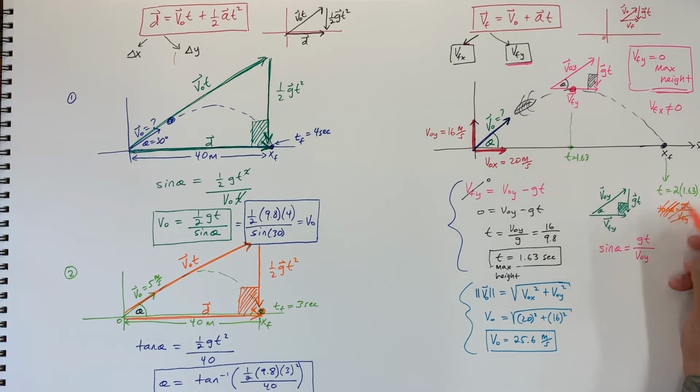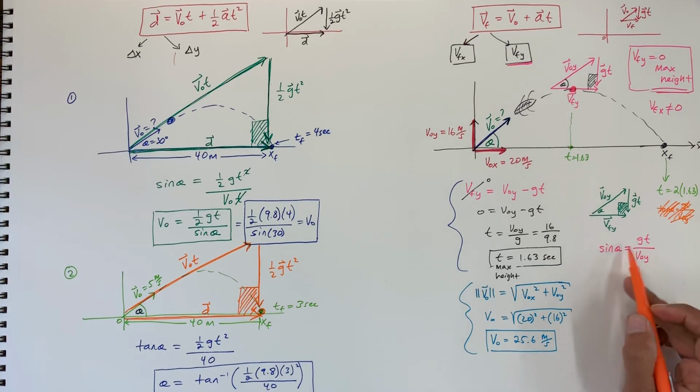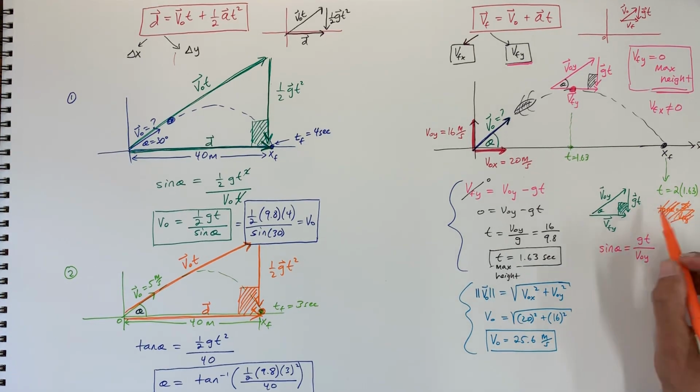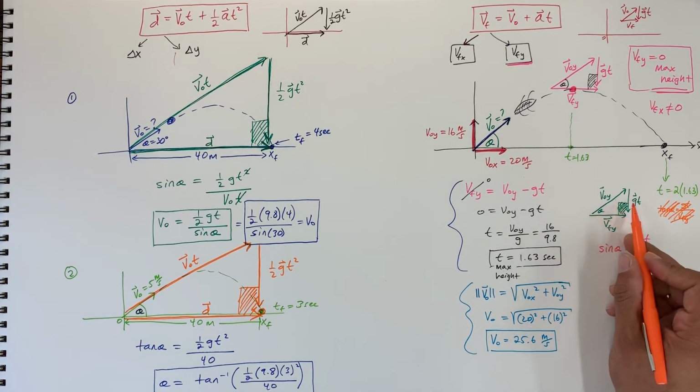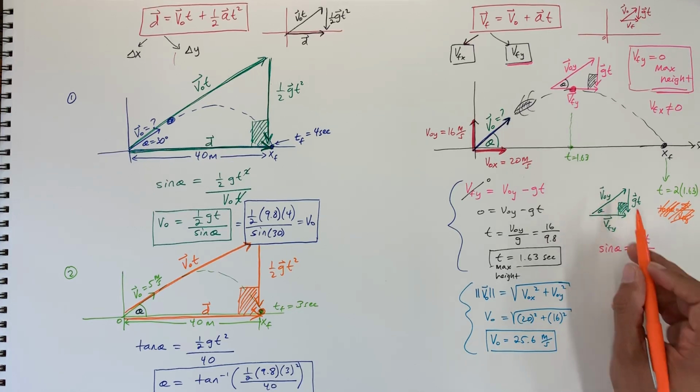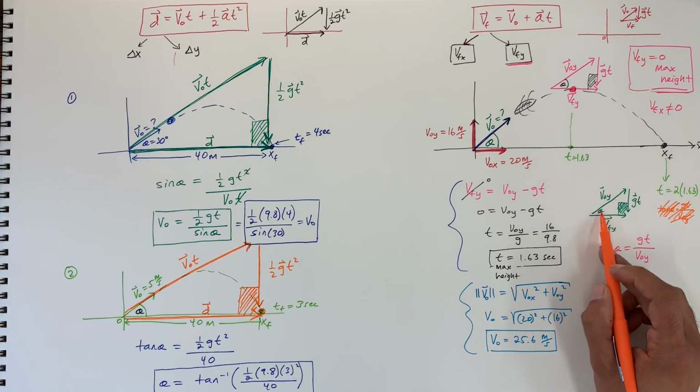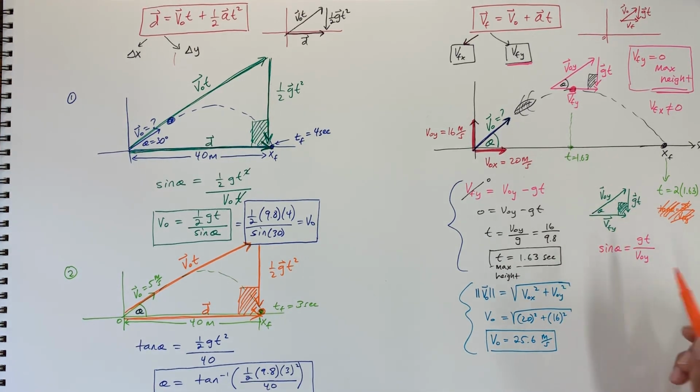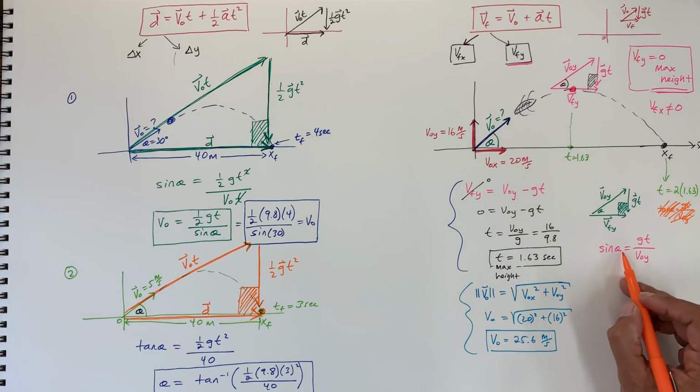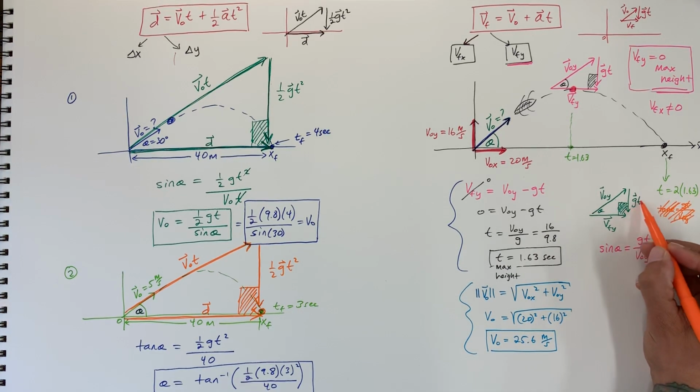So this equation won't be any good for you. Also cosine. You don't want to choose cosine because cosine is adjacent over hypotenuse. We don't know the adjacent and we don't know the angle, so that's two unknowns. So we're being clever by choosing sine, where we know the opposite value and we know the hypotenuse value.